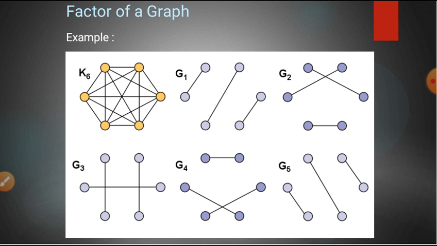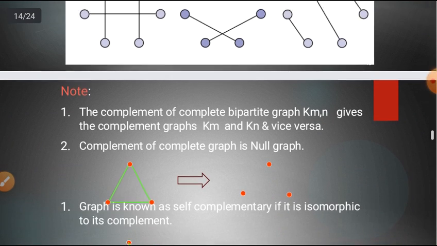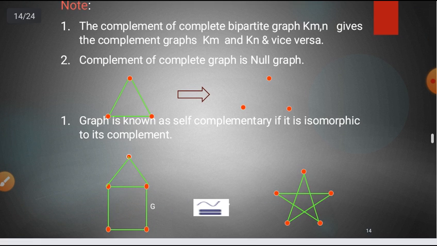So again we cannot put more edges between the vertices G1, G2, G3, G4 and G5. If you obtain G6 with the help of only 3 lines, you have to plot the whole diagram. So this one is a factor graph.